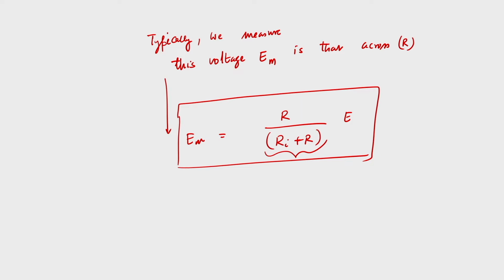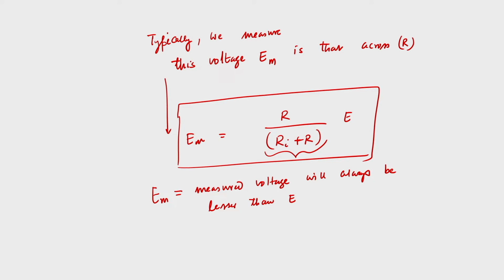Maybe we would like to measure voltage E, but we are getting EM, and from this we can see this EM, the measured voltage, will always be lesser than E.